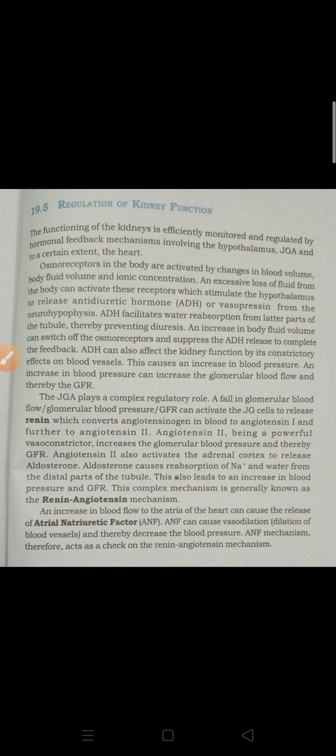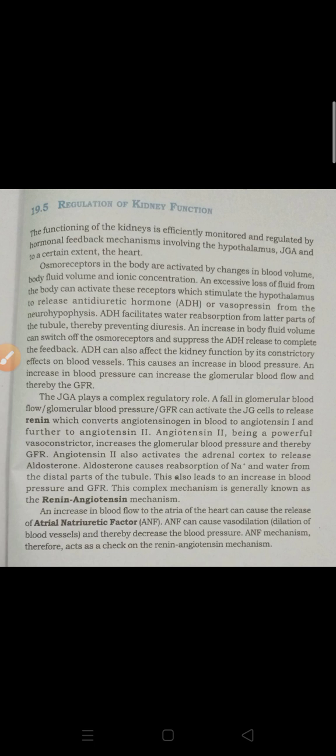So the hypothalamus releases ADH, the antidiuretic hormone or vasopressin. This hormone is released and stored in the pituitary gland. Ultimately the pituitary gland releases this antidiuretic hormone into our blood.